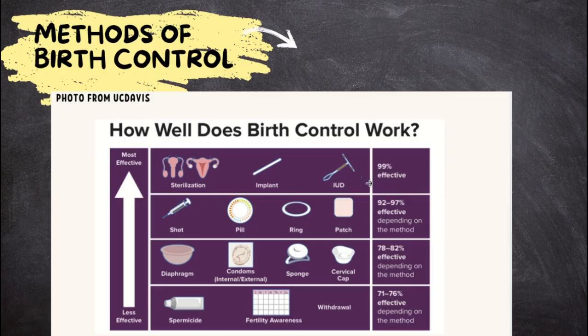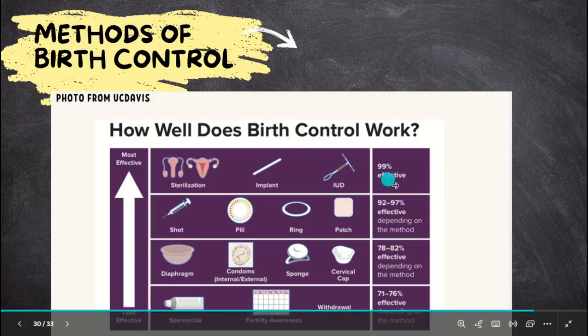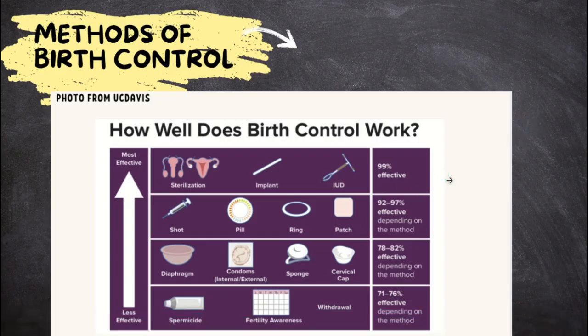Then we have birth control. What we have right here is different methods ranging from less effective to most effective. At the bottom, we have spermicides, fertility awareness, meaning that you track it. And then you have withdrawal, and those are the least effective on this list.